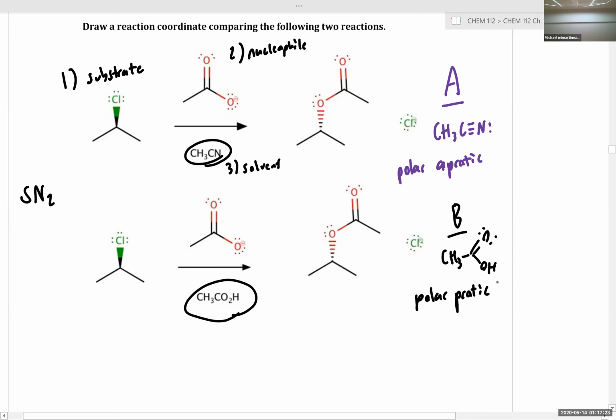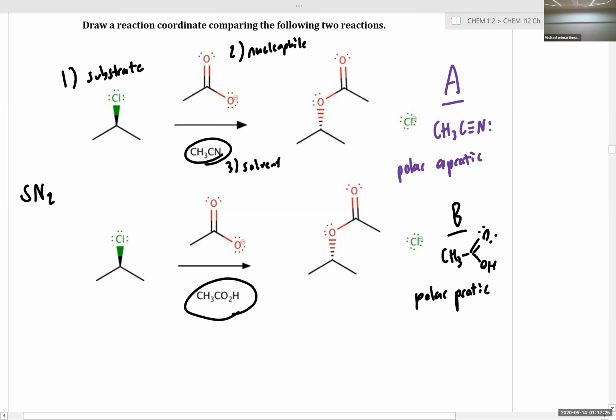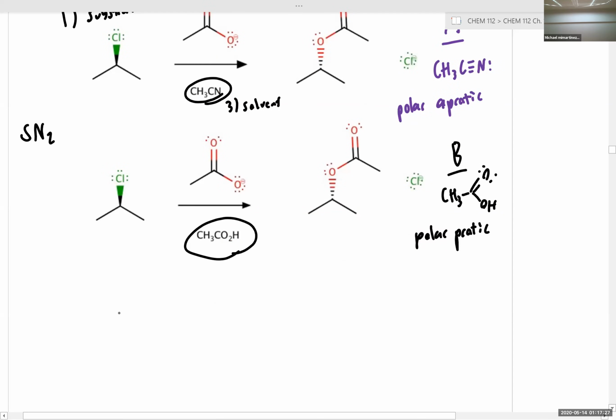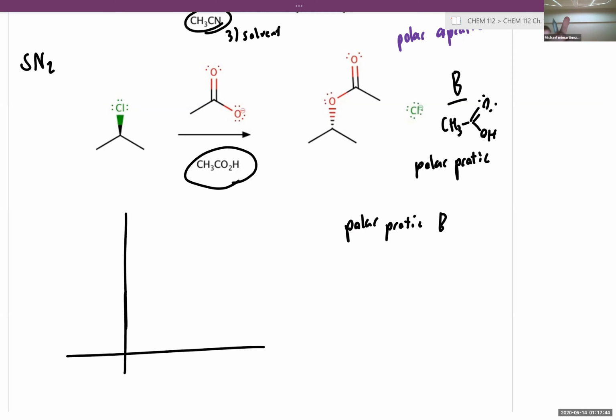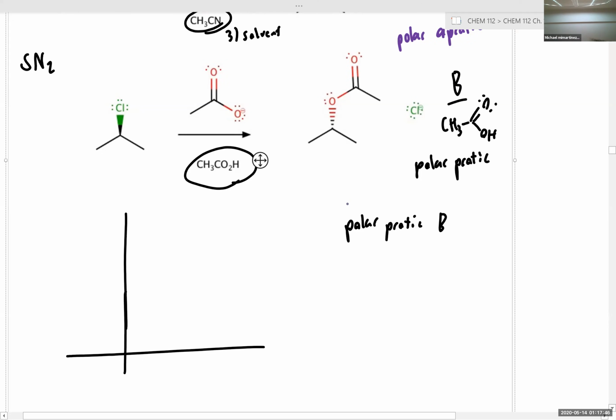Okay. So then, when I draw my picture, we're looking at polar protic solvents for B. And for A, we have a polar aprotic.